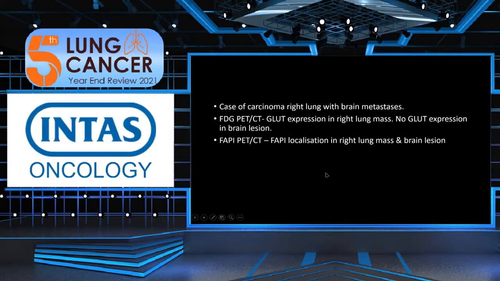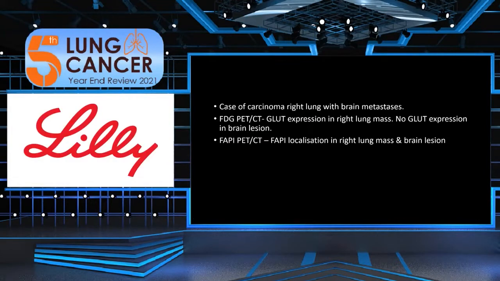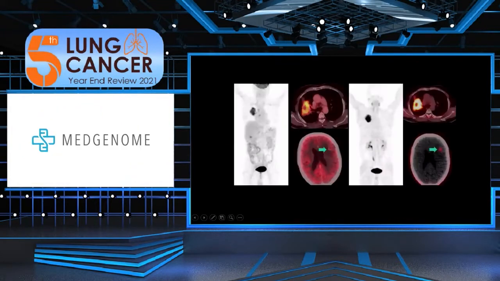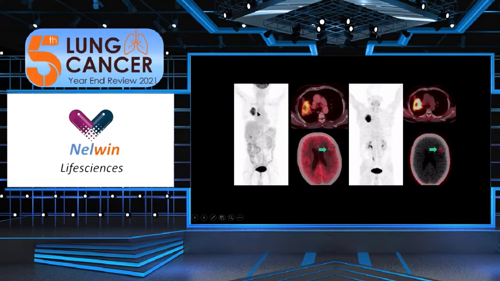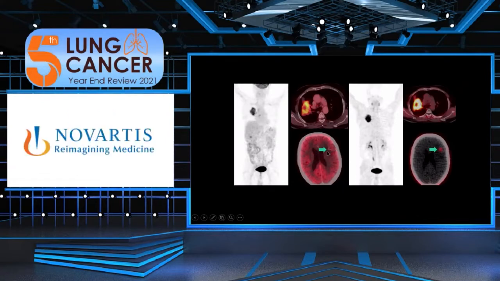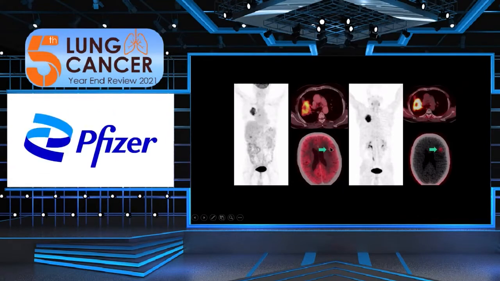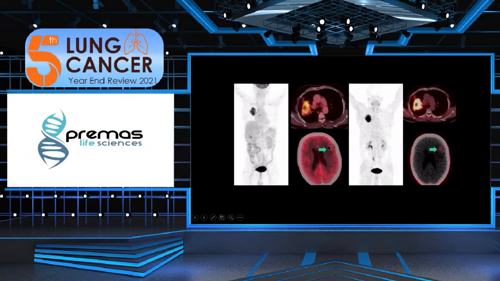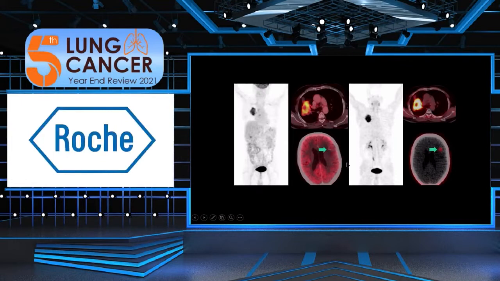So this is an example where I have taken a patient who had brain metastasis. This is a normal FDG PET, and there is significant brain uptake, and this is the uptake in the primary. You see here that the brain lesion shows hardly any FDG uptake, and therefore becomes a false negative.